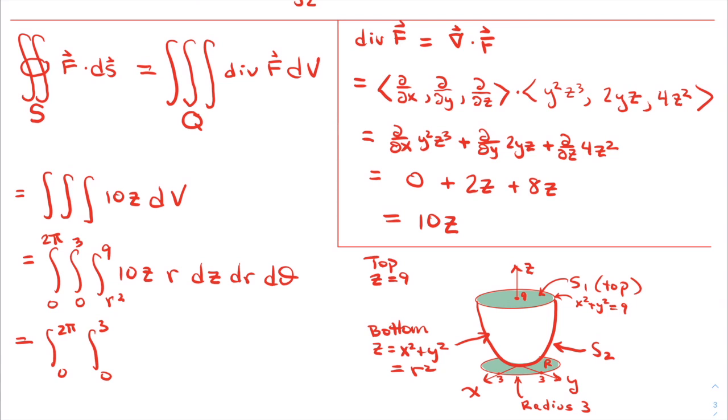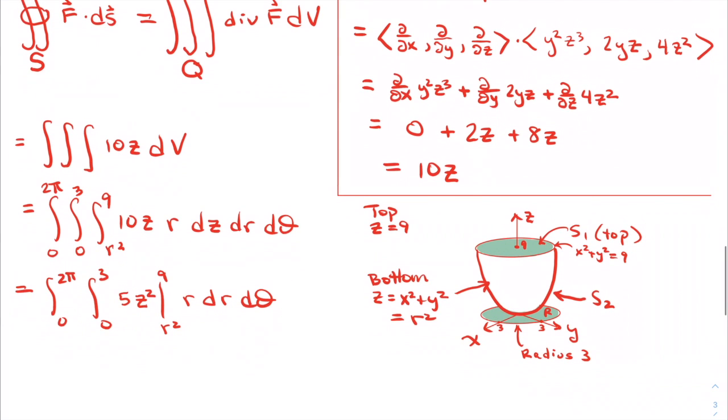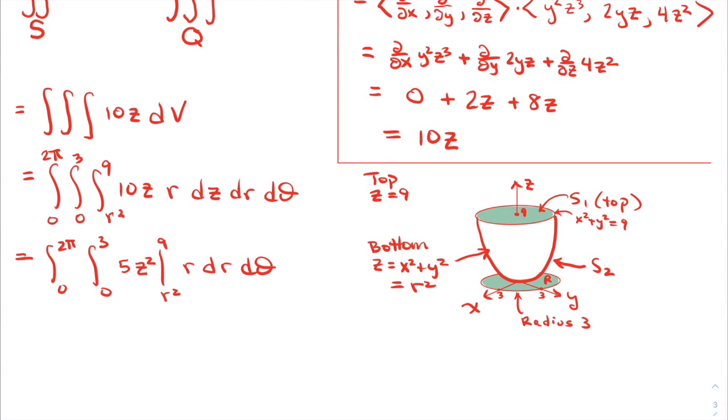Okay, so we're integrating with respect to z first, so why don't we do a 5z squared, where z goes from r squared to 9, and then we'll put our r d theta in. So that's a little ugly.